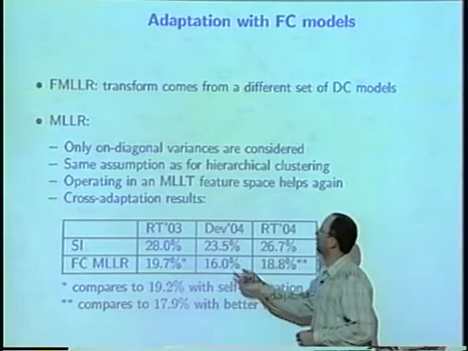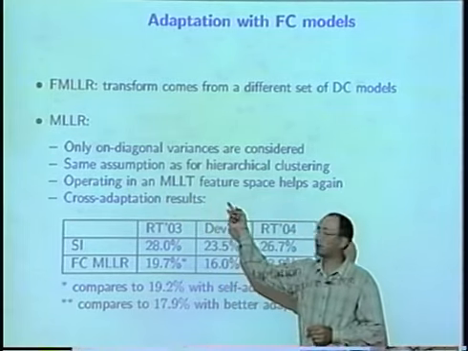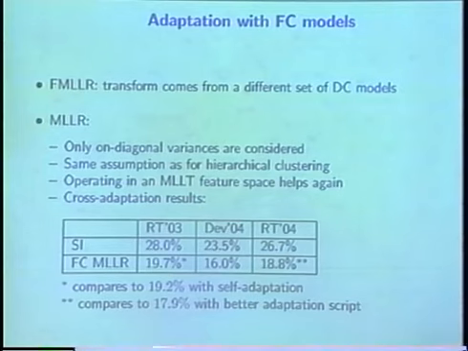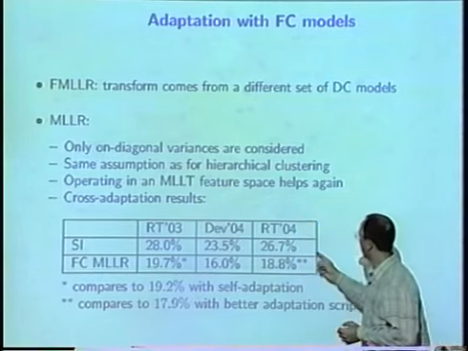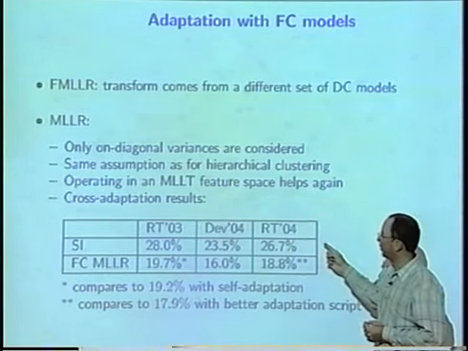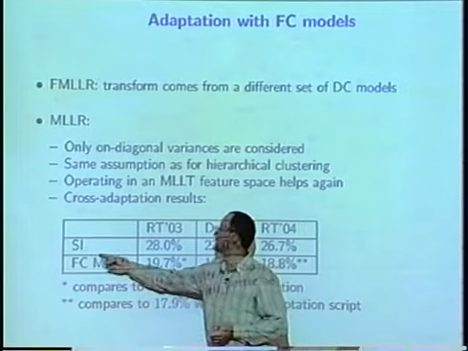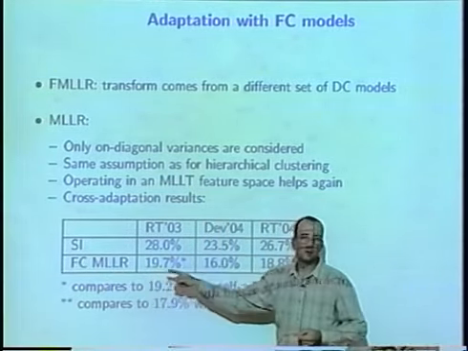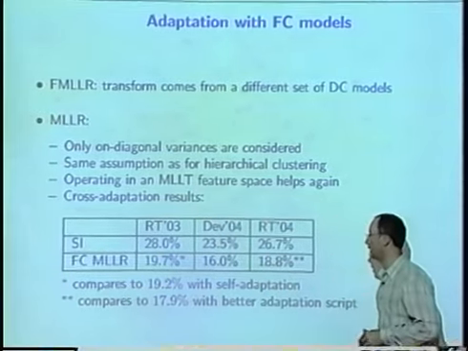And like I said before, it all depends in what feature space you operate. If you operate in an MLLT feature space where the dimensions are decorrelated, then you can get away with this approximation. And here I show some results on cross adaptation, or just 2-pass adaptation, where we take the output of the speaker-independent system to estimate the transforms of the full covariance models.